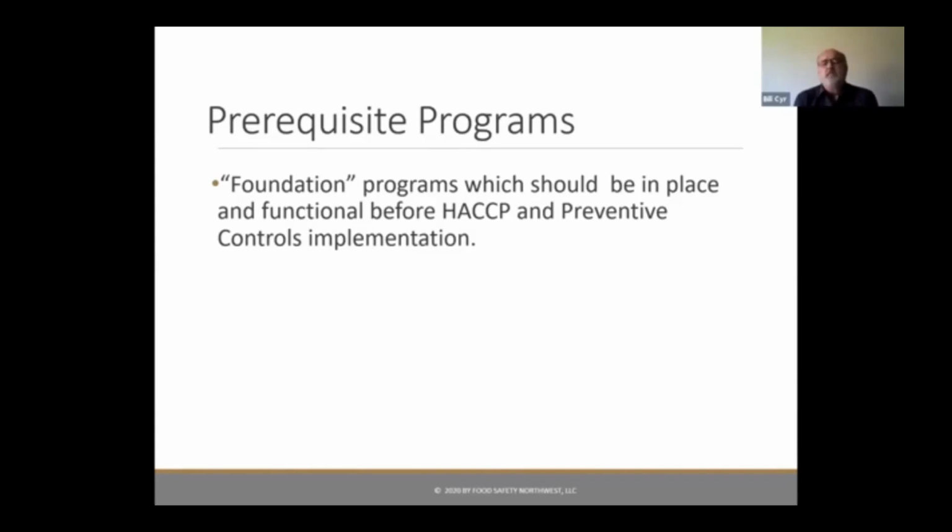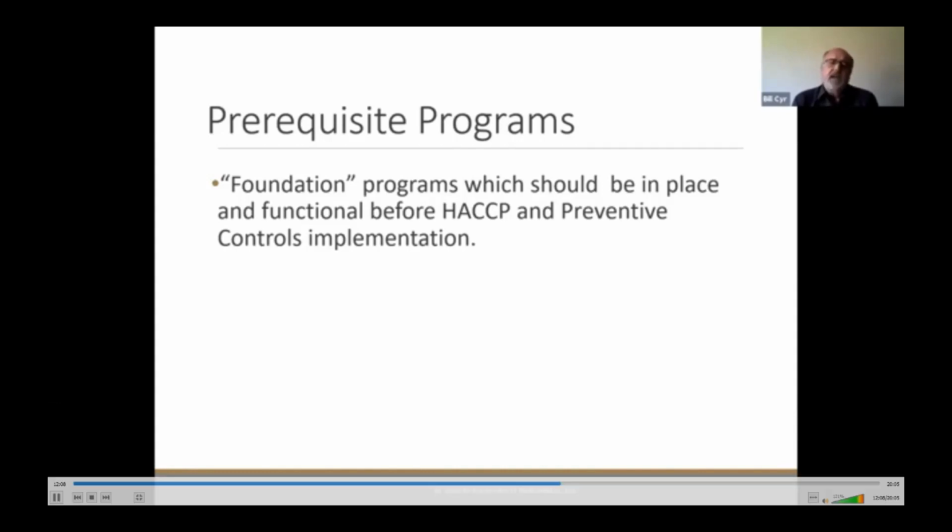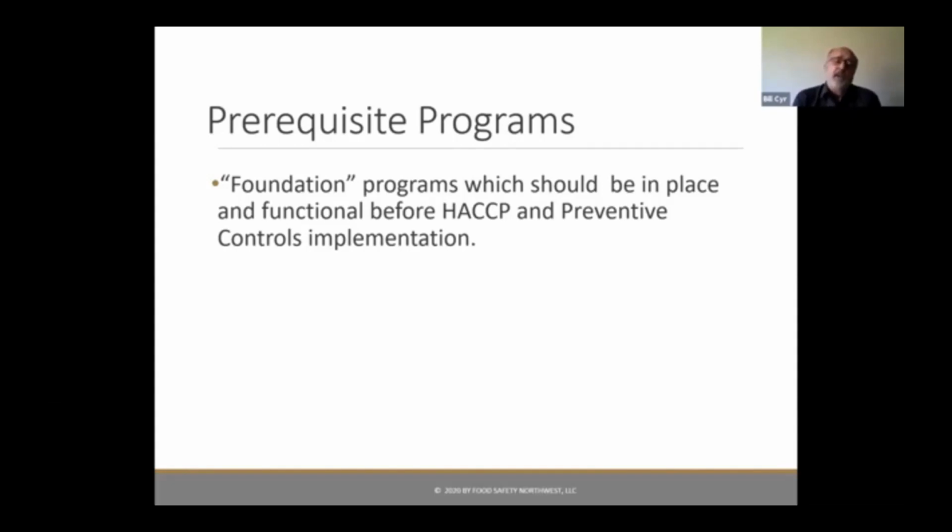So these foundation programs would be centered around your daily operation. They start when raw materials are delivered. So you have basic procedures that you can implement that give you the information necessary to back up your product.